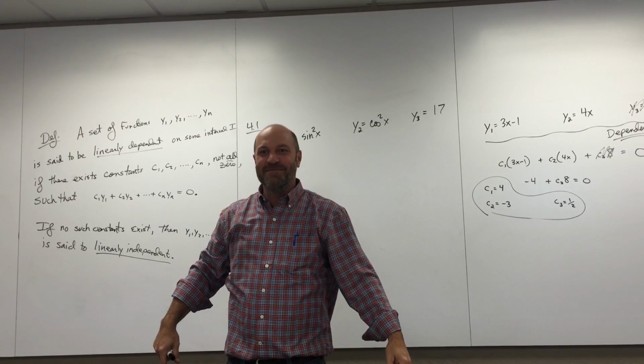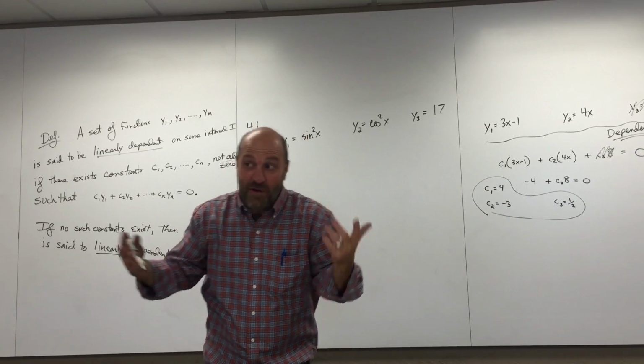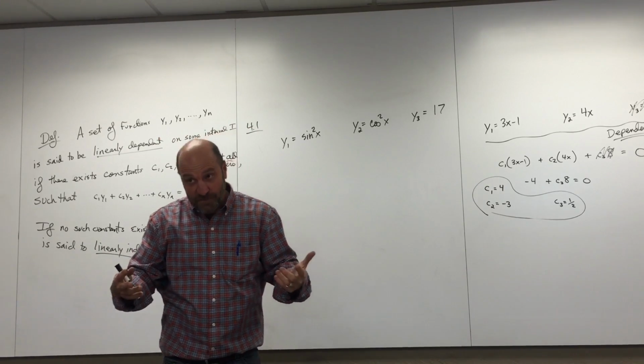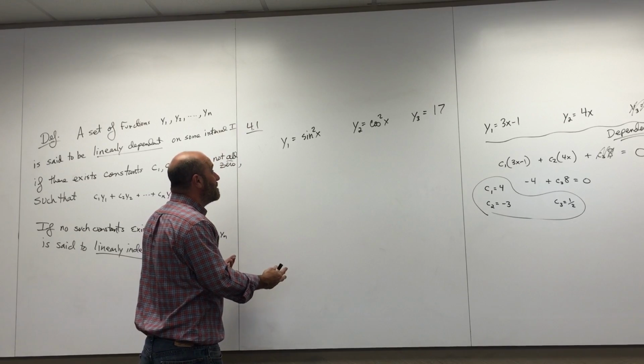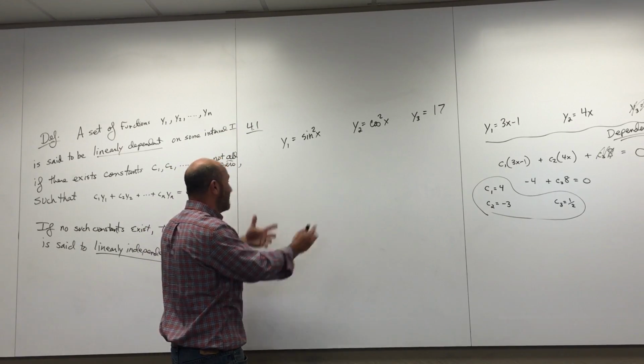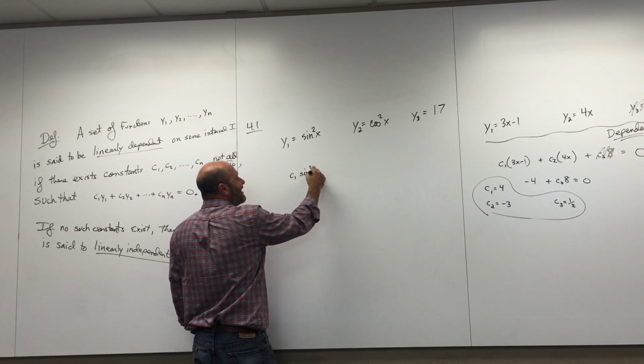But I'm wrong. Because of the wonder of trig identities, all kinds of weird things can happen. C1 and C2 can just equal 1, and then you can have negative 1/17. Hold on.